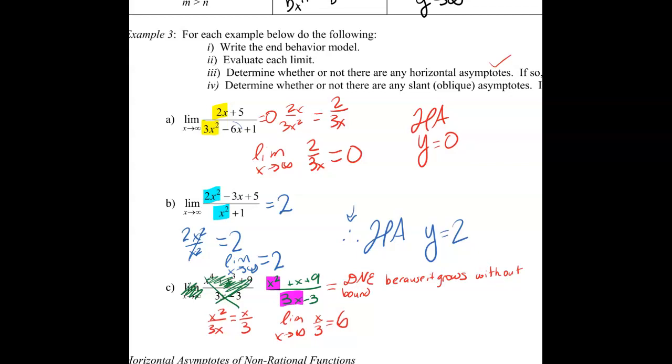Alright. So what I have to do now is, if I do not have a horizontal asymptote, I have to determine if there's a slant asymptote, which involves our favorite thing, long division. It's actually the thing that I usually try to forget about, to be honest. Alright, so long division, I've got 3x minus 3, x squared plus x plus 9.